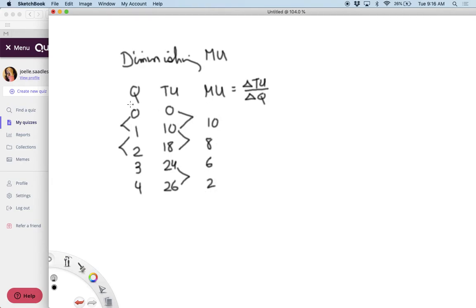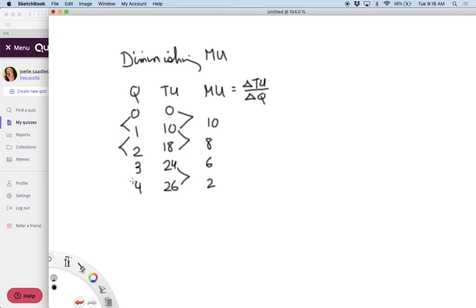So the first unit gave you an additional 10 units of happiness. The second unit gave you an additional 8, the third unit an additional 6, and the fourth unit an additional 2. In this case, the fourth unit increases your happiness, going from 24 to 26.